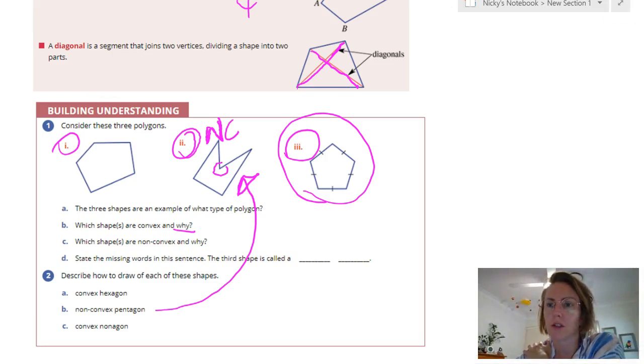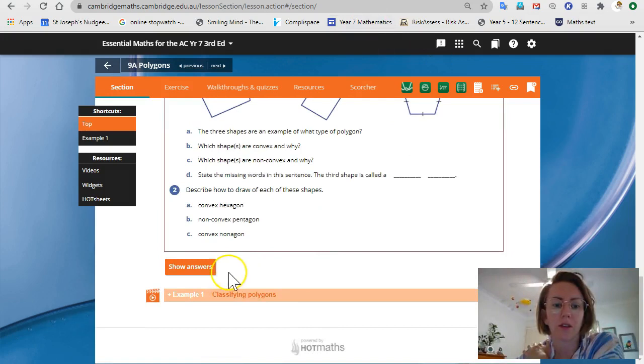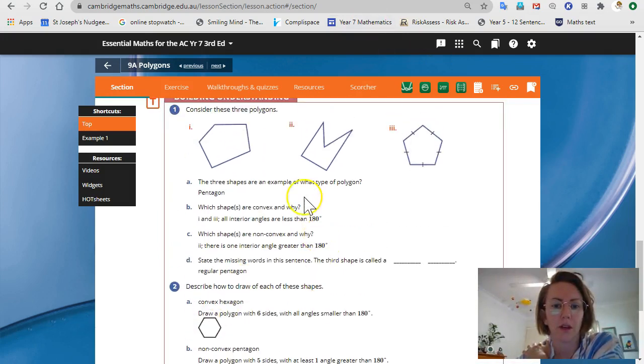Let me just go back to our Cambridge page and check the answers. Yep, all types of pentagons. The first and the second one are convex, because the angles inside are less than 180. C, non-convex shape, and why: number 2 is a non-convex shape because one interior angle is greater than 180 degrees.